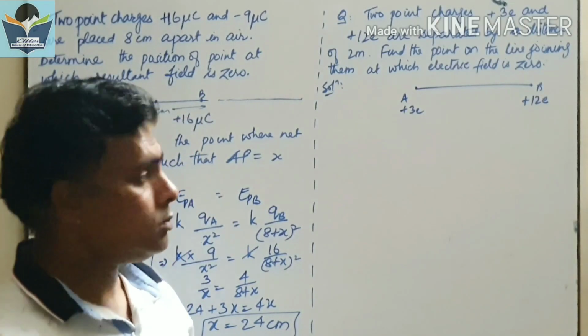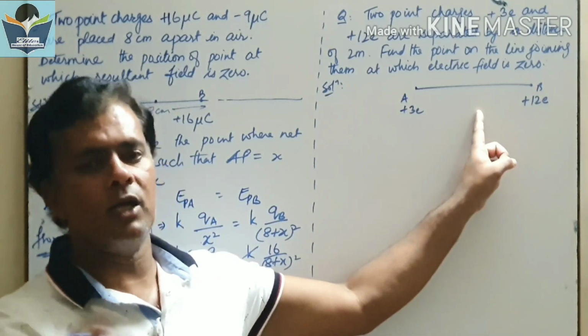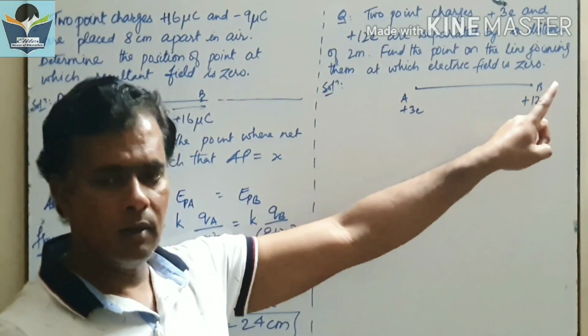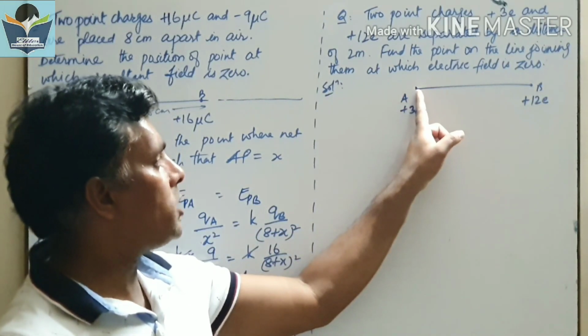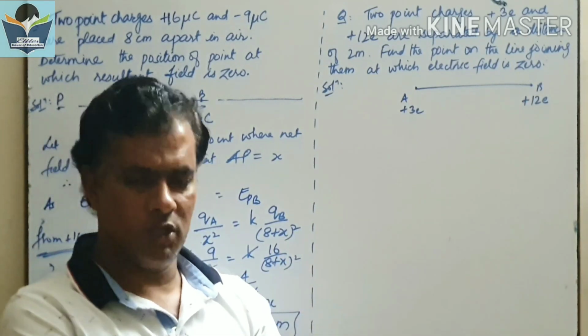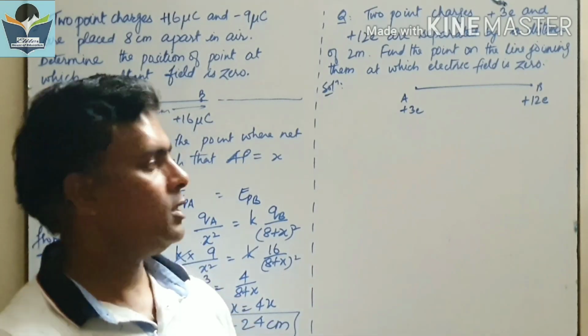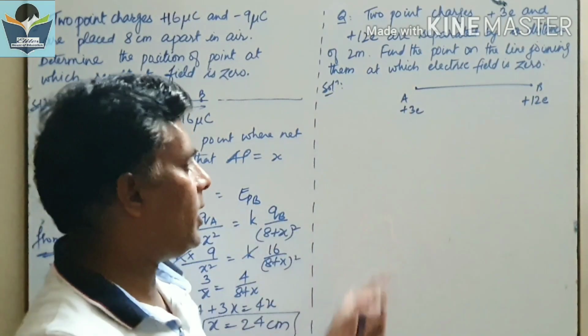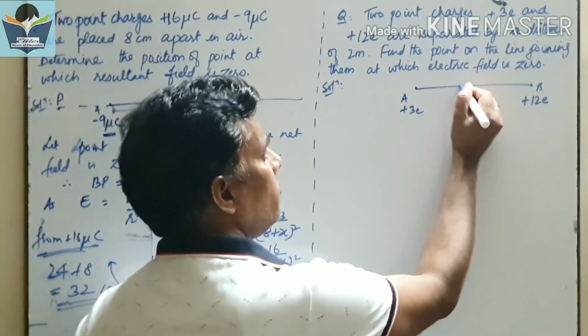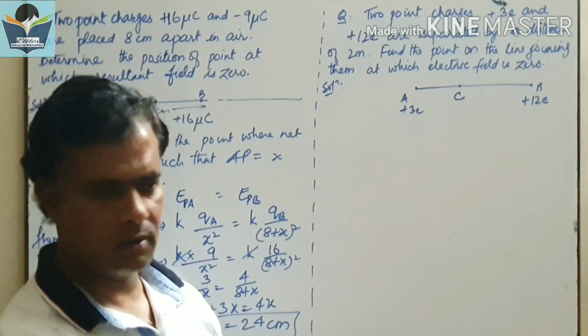As I just told you, their balance point will be somewhere in between the two charges, not outside, because always at a point between A and B, the field of the two charges will be opposite, since both are identical charges. It is repelling, so the point here somewhere, say C, will have the fields in opposite directions.